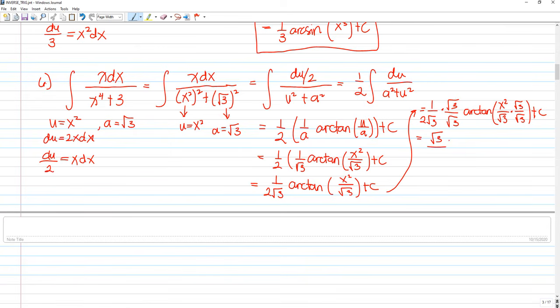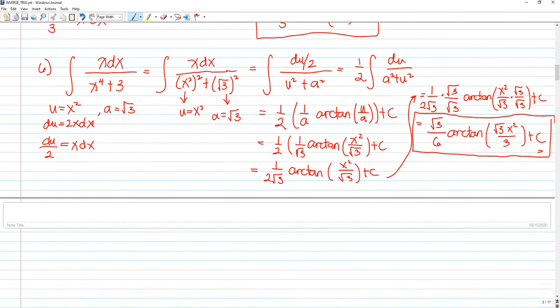So 2 times 3 would be 6. Arctan of, we have square root of 3 x squared all over 3 plus c. Okay? So, or x squared square root of 3 over 3. That is still the same. Okay, so we have the final answer of square root of 3 all over 6 arctan of square root of 3 x squared all over 3 plus c.